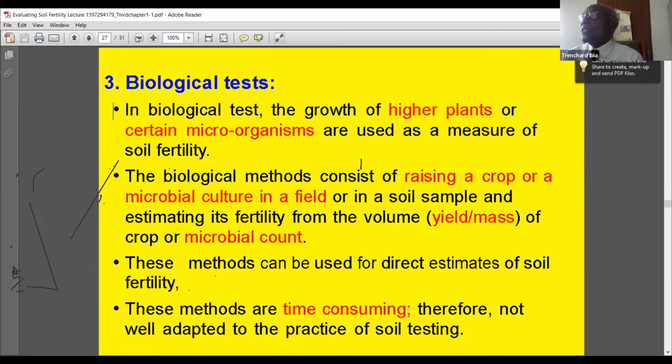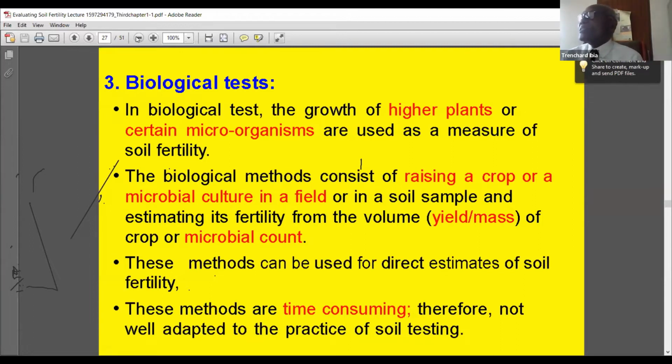So certain crops can be planted in cultures or microorganisms can be planted, and the microbiologists will be in a position to do microbial count and be able to see the yield relationship and make interpretations and recommendations.